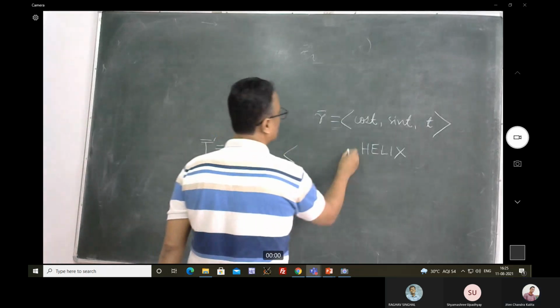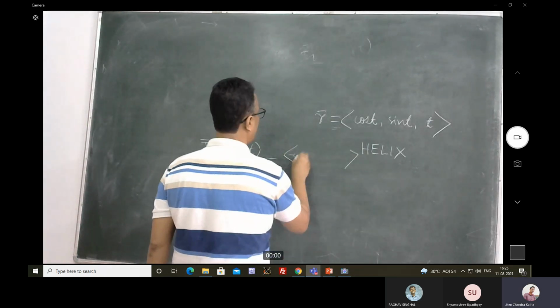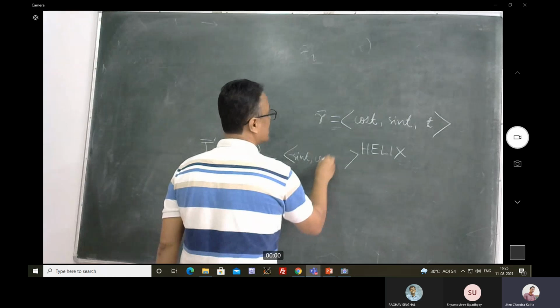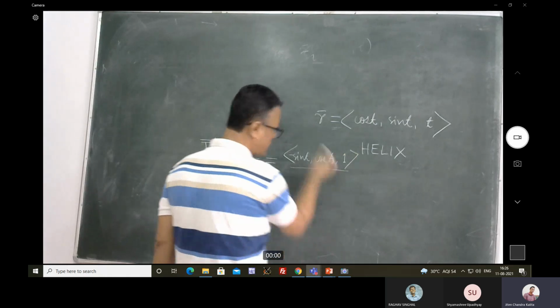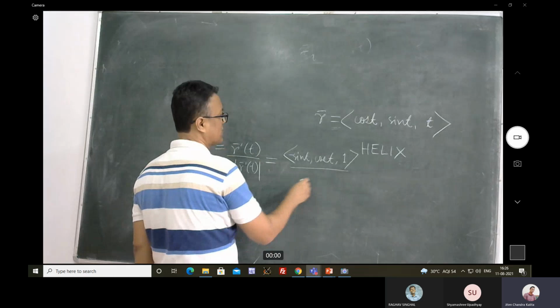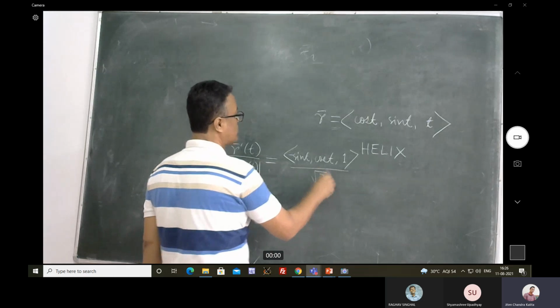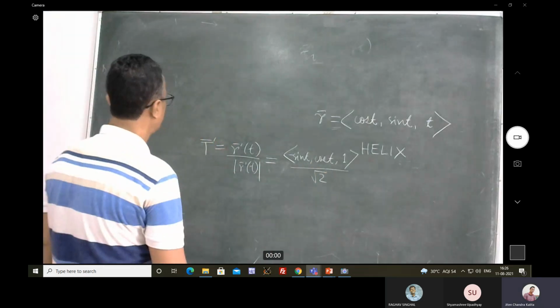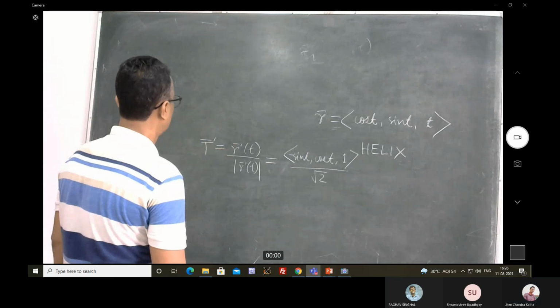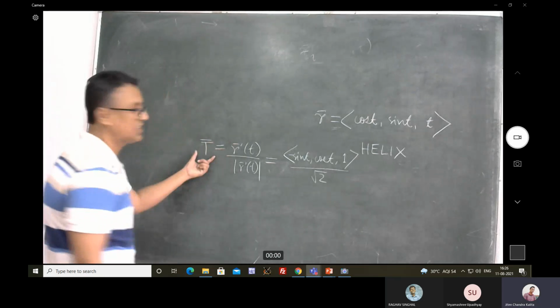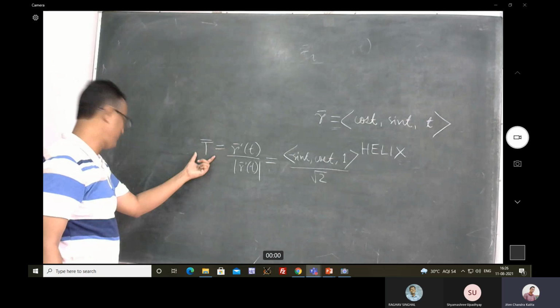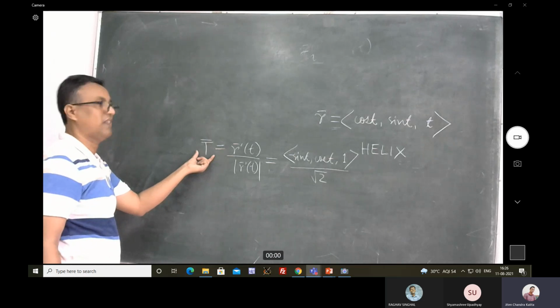So this is minus sin t, cos t, 1, and you know that the magnitude is square root 2, right? We did it in our last class. It's square root 2. Just a minute, this is not T prime, this is simply T, the unit tangent vector.